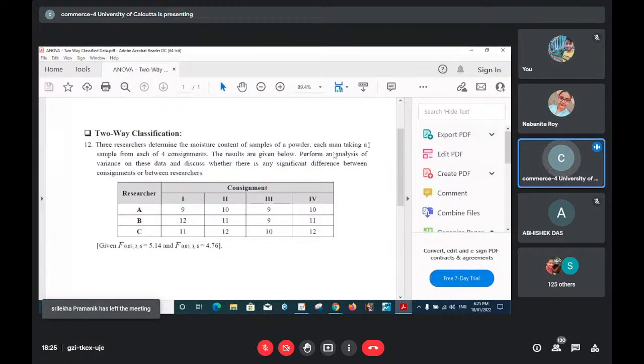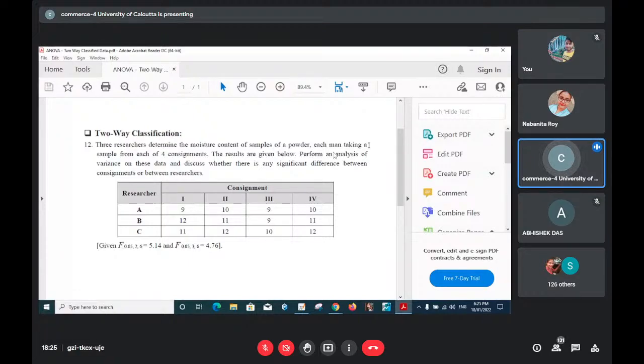The students who appeared for the first time in the university in the semester-based CBCS system told me, sir, your class proved very beneficial in semester 4, because at that time was very limited, so it was not possible to discuss ANOVA in detail. So I request you all to please learn ANOVA at this moment, because you have time, but in semester 4 you will not get enough time.